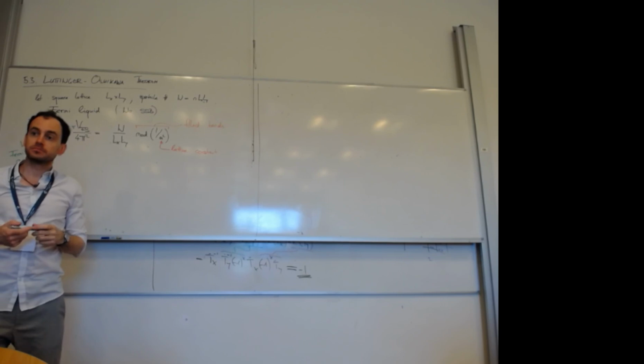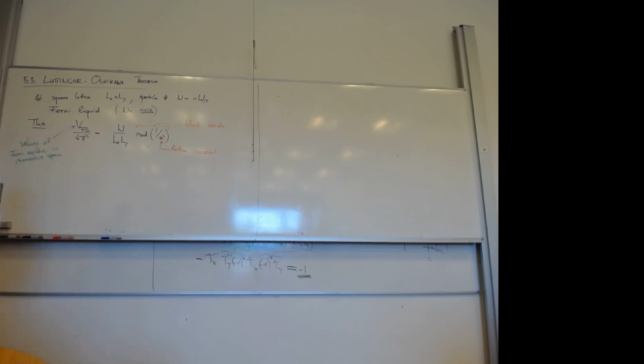When you said free fermions, you mean non-interacting fermions, not free fermions as in no potential? Free fermions are fermions in no potential, just electrons. No, because we're on the lattice, these are non-interacting fermions.